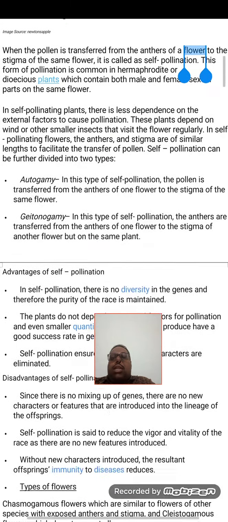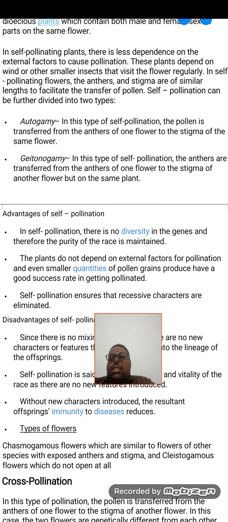When we come to self pollination, there are advantages and there are also disadvantages. One of the main advantages is that self pollination helps to maintain the purity of genes. That means the characters present in the parent will be expressed in the next generation.